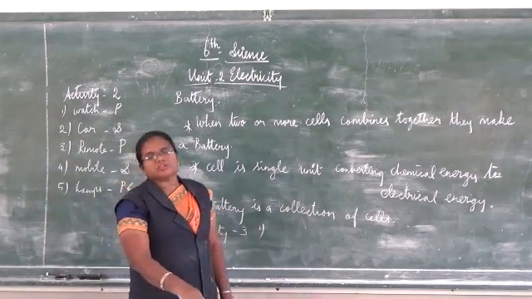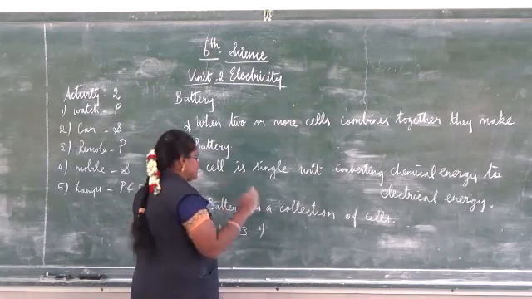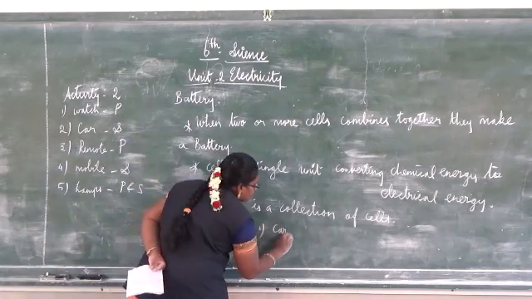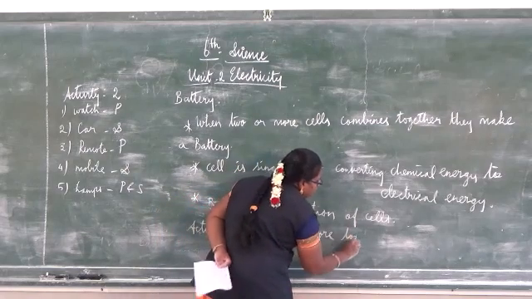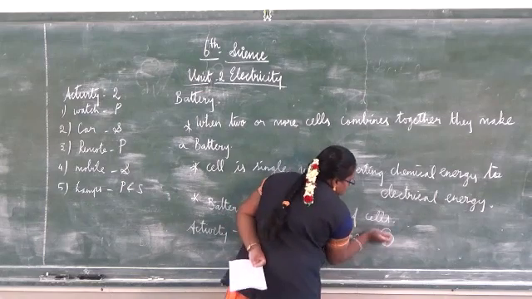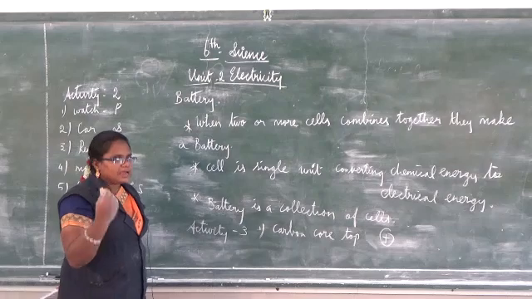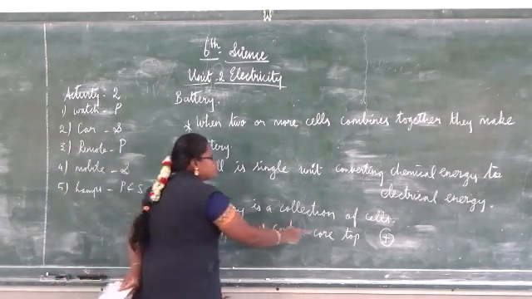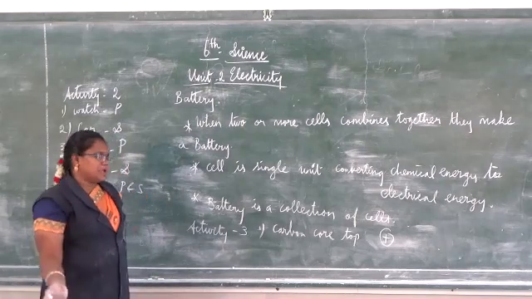See, where is the positive and negative side? Where is the carbon core top? The carbon core top is called the positive side. Opposite to that is the negative side.